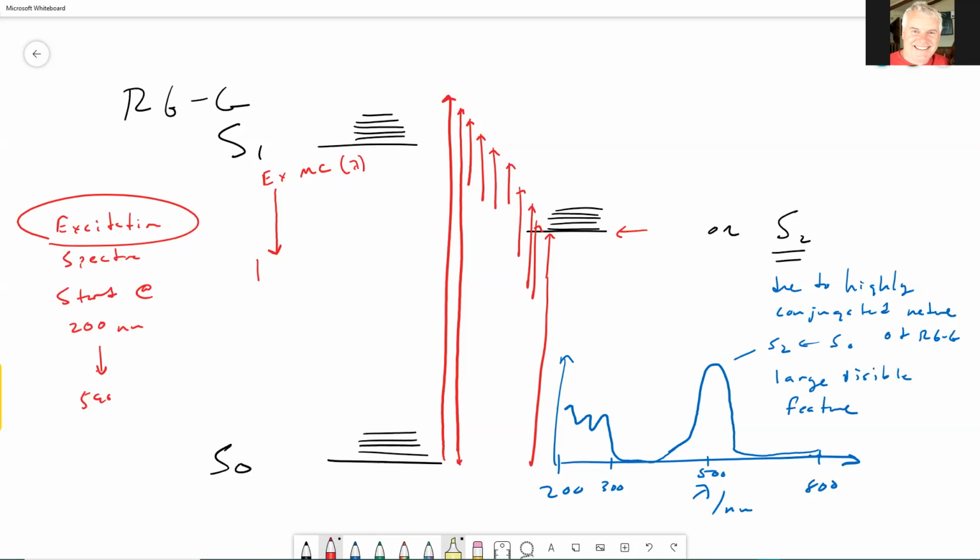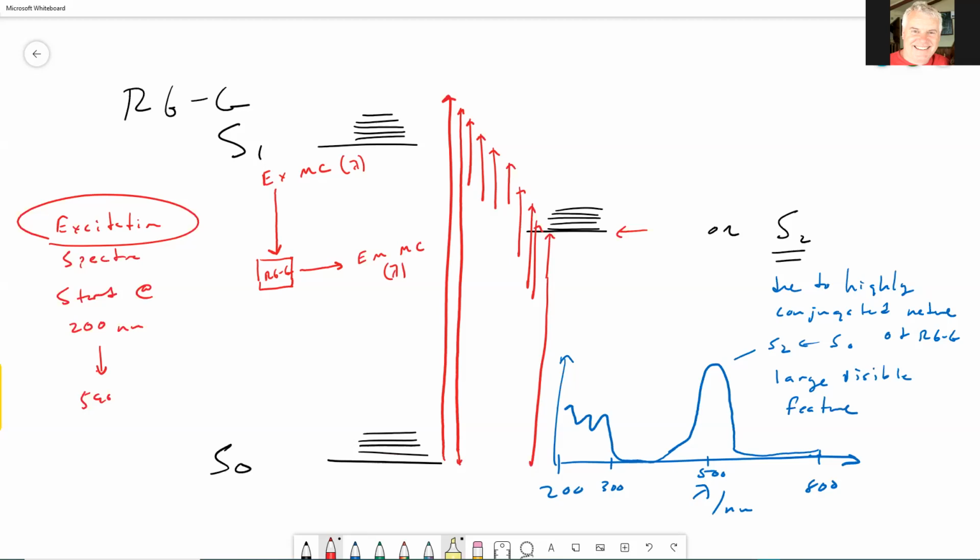And we'll direct that into a cuvette containing the rhodamine 6G. Right? And then we're going to look at the light that emits. So literally we're going to excite and look at emission at right angles. So this is going to go into the emission monochromator as a function of wavelength, right?